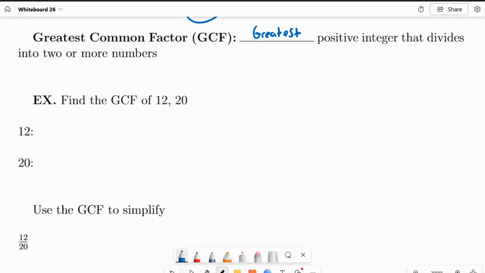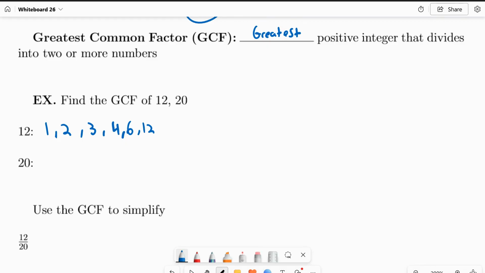So let's go down the list. 1 times what gives us 12? Well, that will give me 1 and 12. 2 times what gives me 12? Well, 2 and 6. 3 times what gives me 12? 3 and 4. And those are all of our factors of 12.